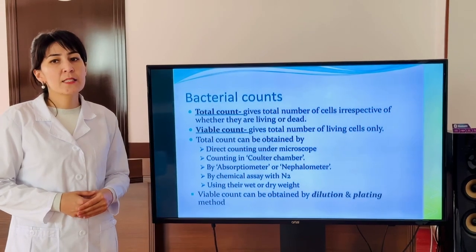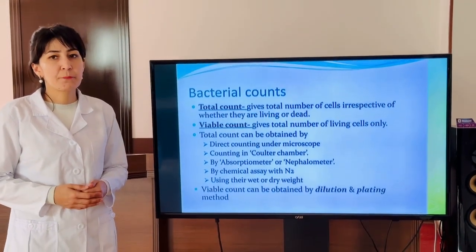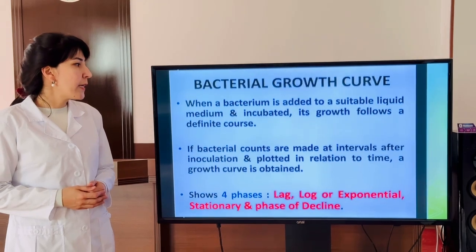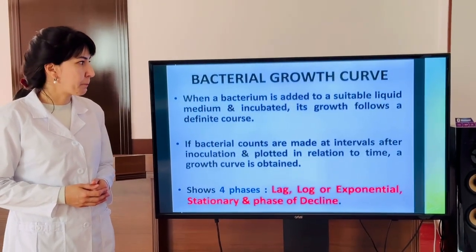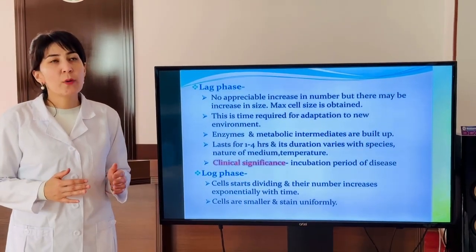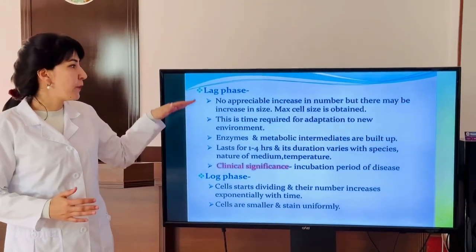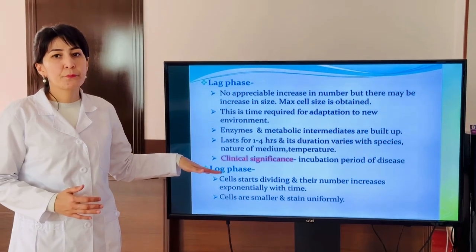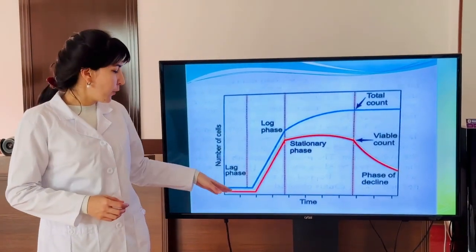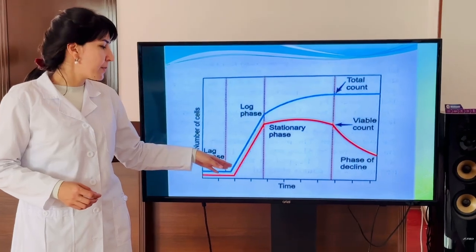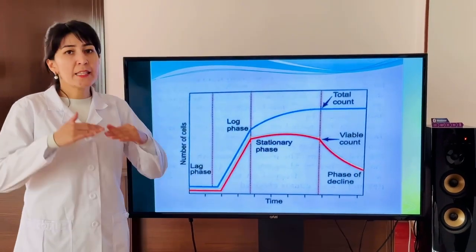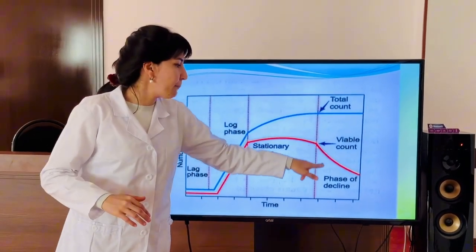Bacterial growth: when a bacterium is added to a suitable liquid medium and incubated, growth follows a defined course with several phases. First the lag phase, then the log phase. In the lag phase, when we cultivate a culture, the bacteria first adapt, and after that they divide into large numbers in the log phase. In the stationary phase the number of bacteria is maintained, and after that we see the phase of decline.